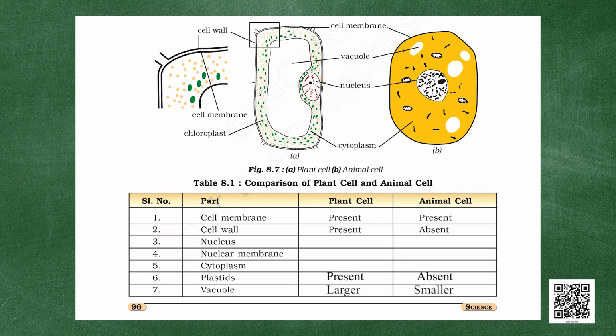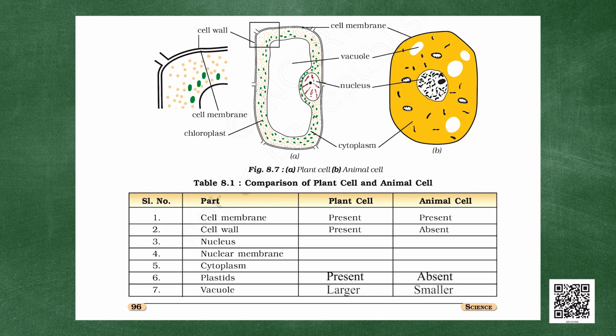Golgi bodies are present in both the cells, but it is called dictyosome in plant cells. The centrosome is absent in plant cell and it is present in animal cells. Usually, plant cells are rectangular in shape, whereas the shape of animal cell is round or oval or irregular.